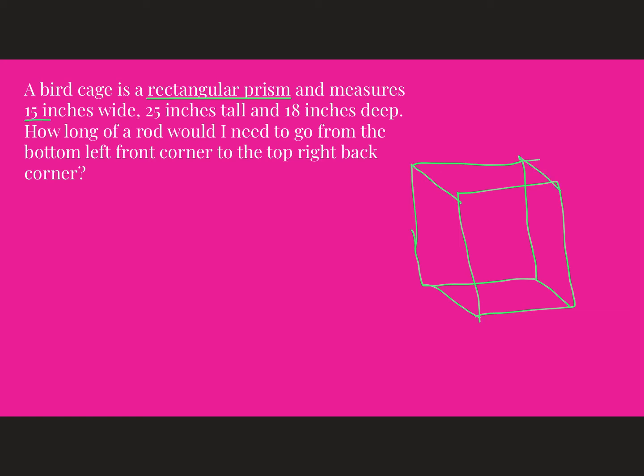It measures 15 inches wide, 25 inches tall, and 18 inches deep. How long of a rod would I need to go from the bottom left front corner to the top right back corner? So basically, I want this rod to go from this corner right here to this corner right here.